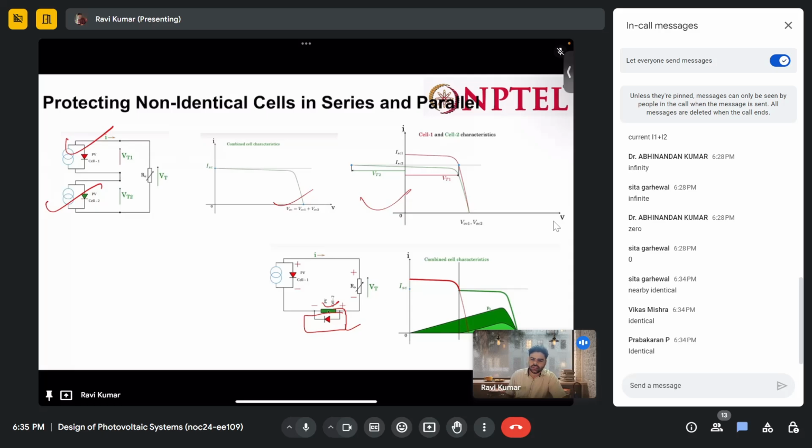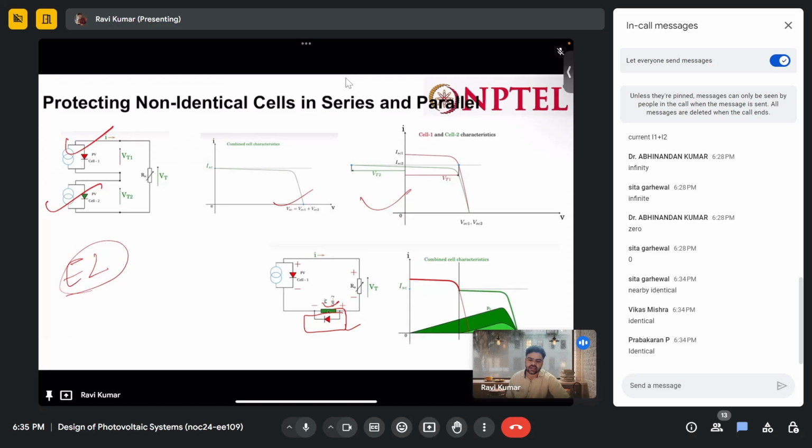I'll show you in the next class some curve showing how the solar cells differ in the same module. So there are EL characteristics.